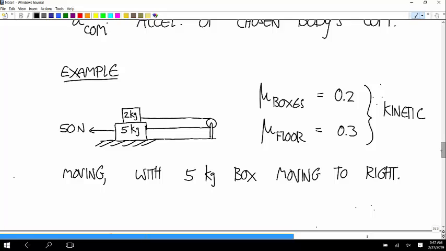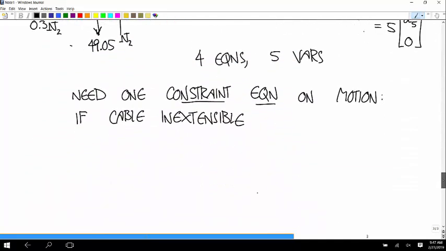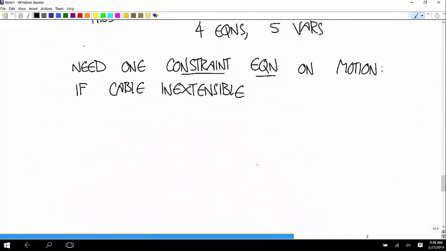So if this is moving A2 this way, and this is moving A5 the other way, so A2 is negative A5.